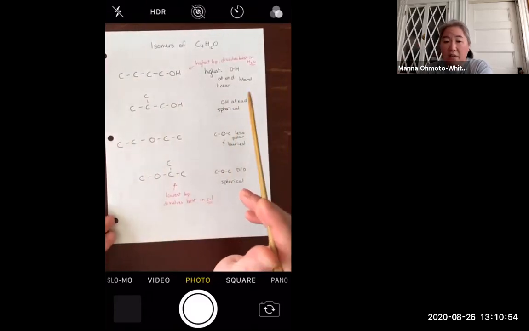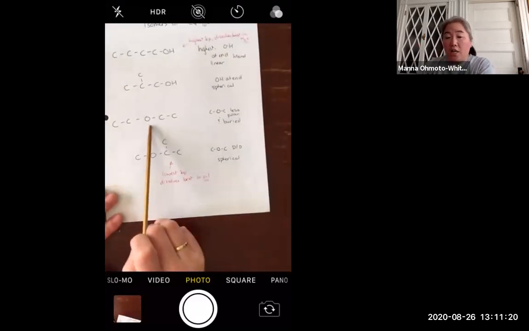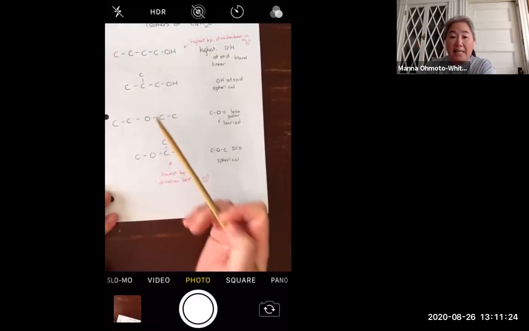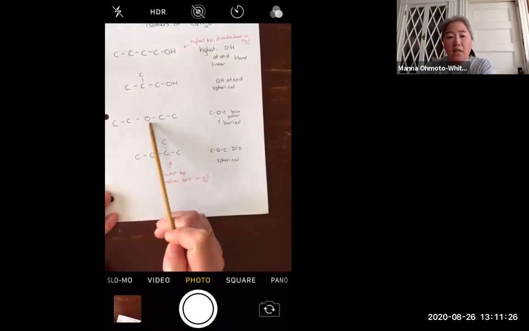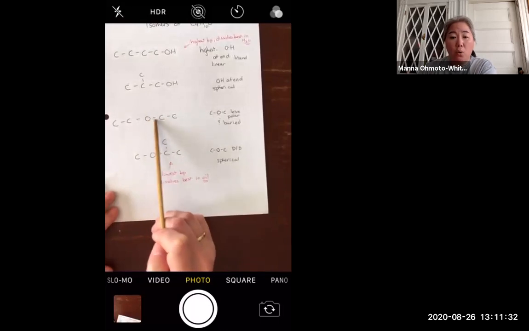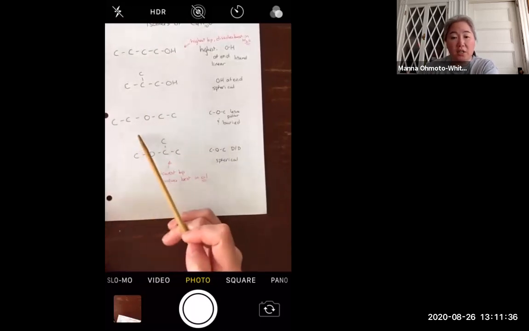Then if I have this, where my oxygen is buried in my molecule, then this is going to be even less, because not only is the oxygen-carbon bond less polar, right? It's just a simple dipole-dipole. That polar part is buried in the molecule, and so it's harder to get to.